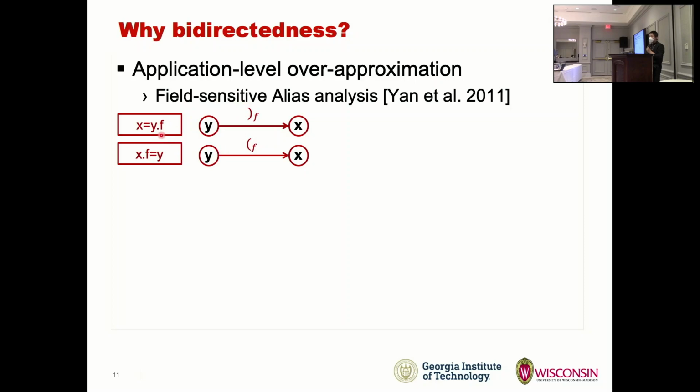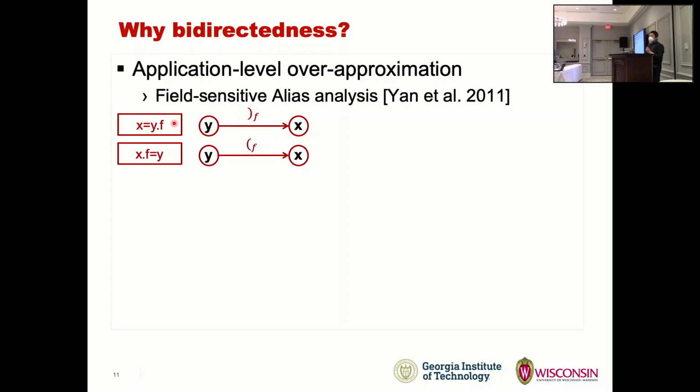So basically, we'll be focusing on these two types of statements. The first type of statement is what we call a read statement. So it means that we read out the field f of the object y and assign it to x. Okay, that's a read. So the program flows from y to x.